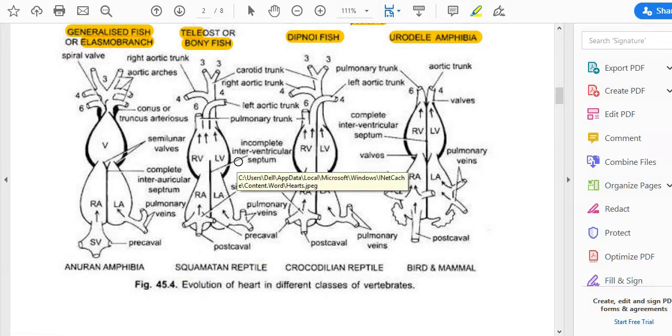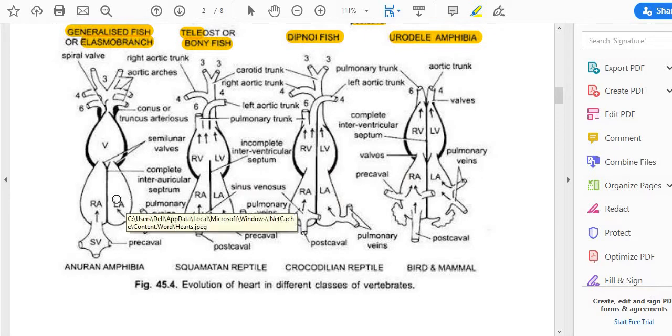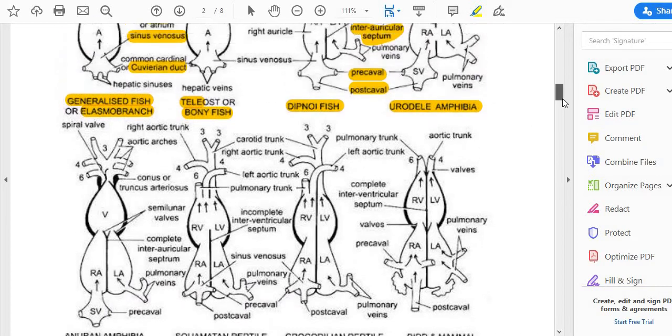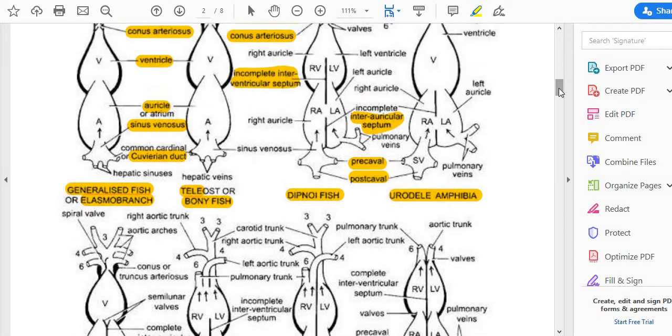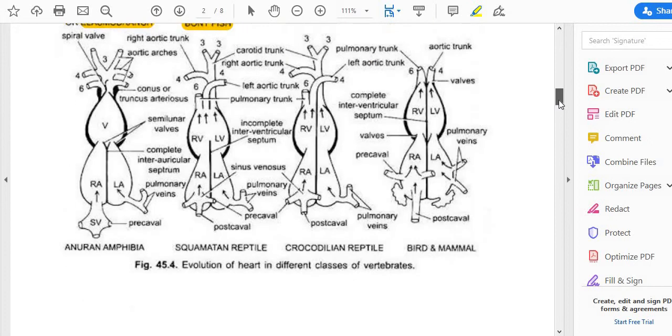from that of the urodele amphibian, but here the auricle is completely divided into two parts, that is right auricle and left auricle, whereas in case of urodela we saw the septum was divided partially.